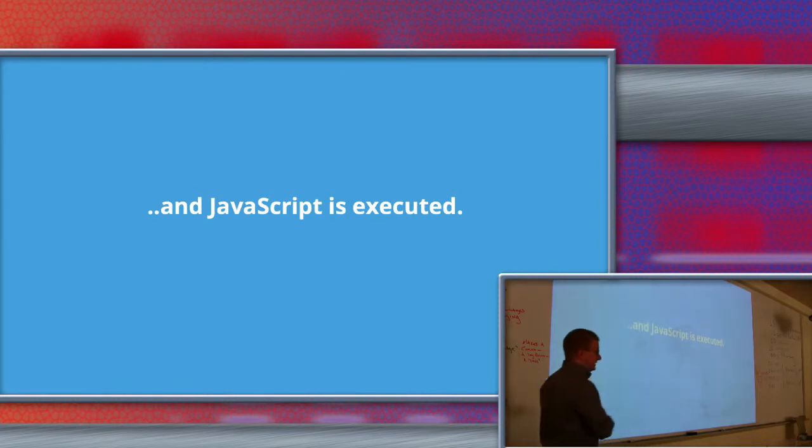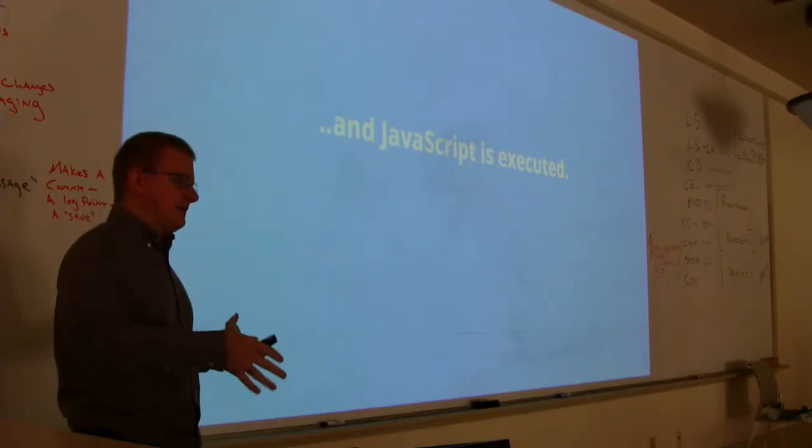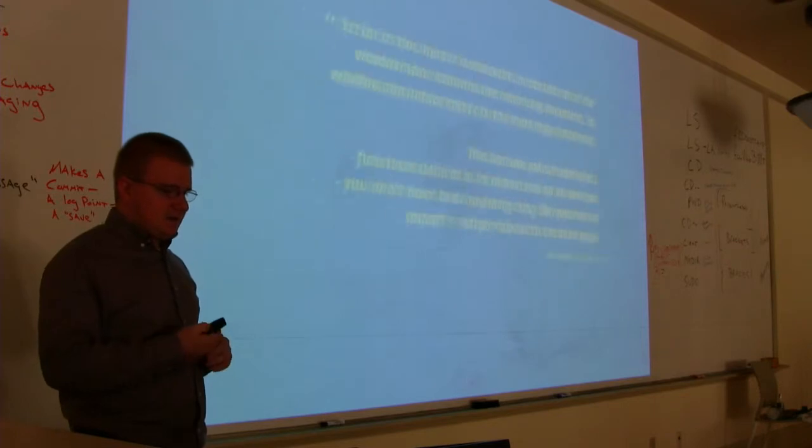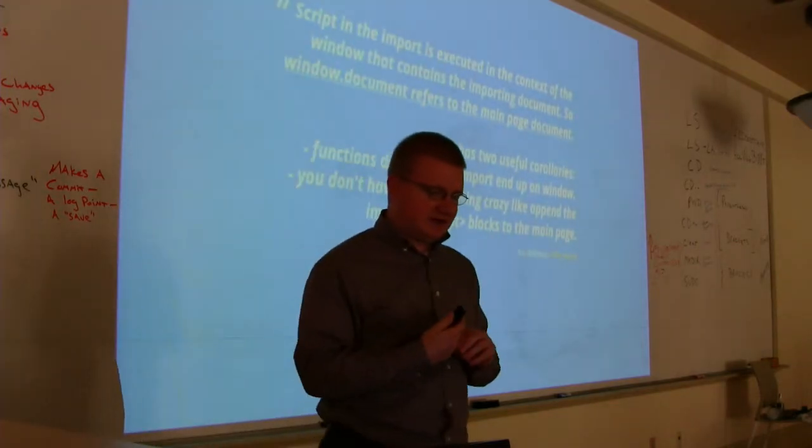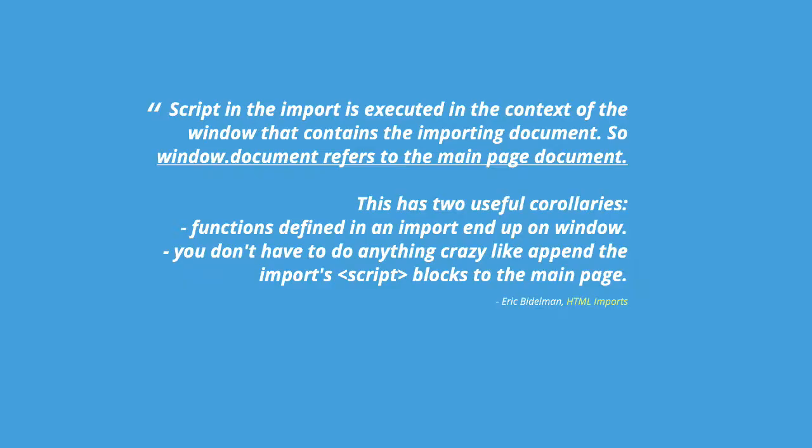And JavaScript is executed. So what happens with an HTML import is we download the resource, we download the sub-resources, and JavaScript is executed within that import. Alright, so some important quotes that we should read through here. The script in the import is executed, this is Eric Bauman on HTML imports.